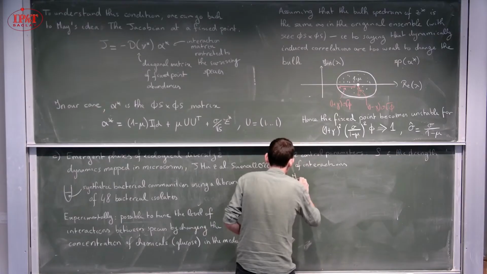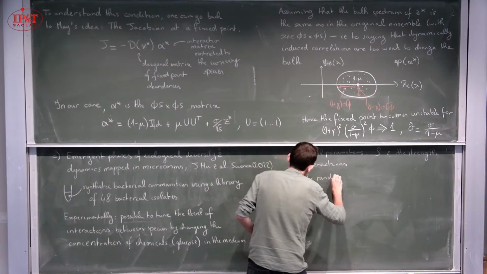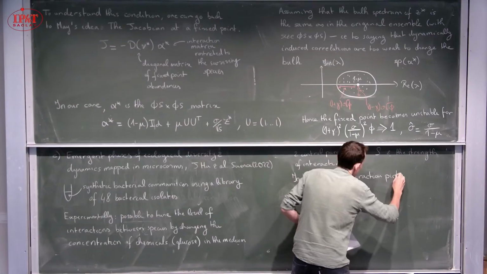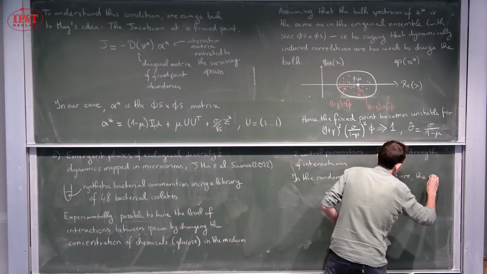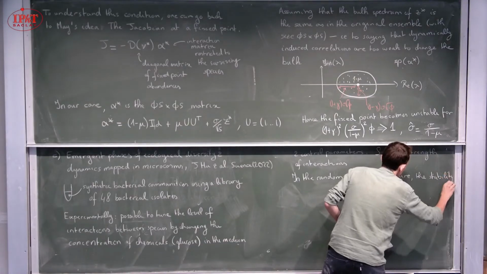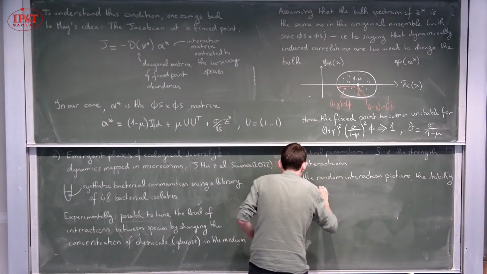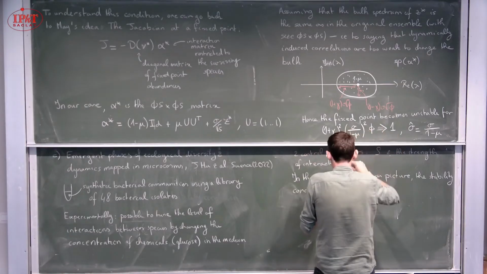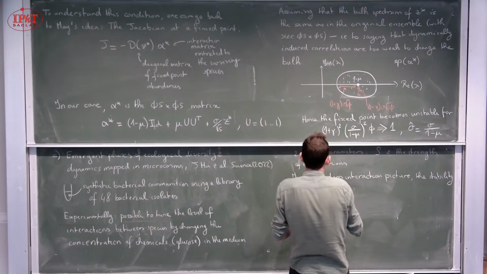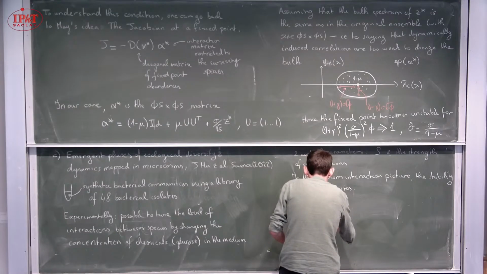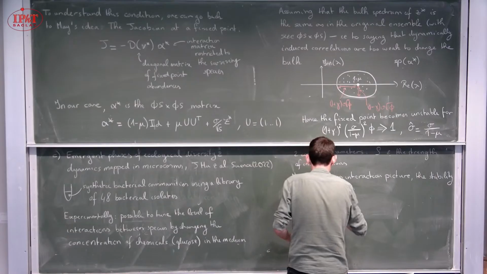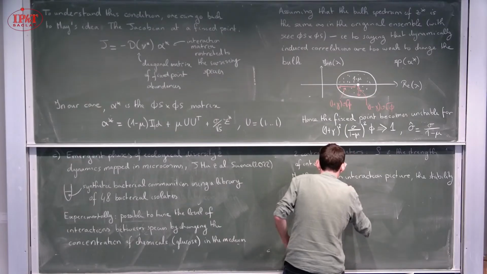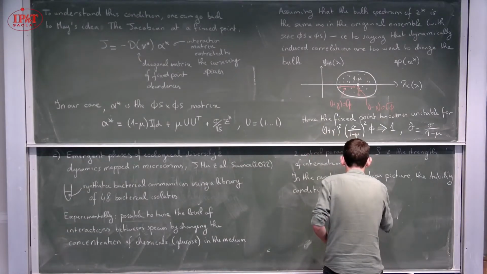And so in the random interaction picture, the stability condition, if I'm rewriting the same condition as before, first I need to give you the value of sigma c.